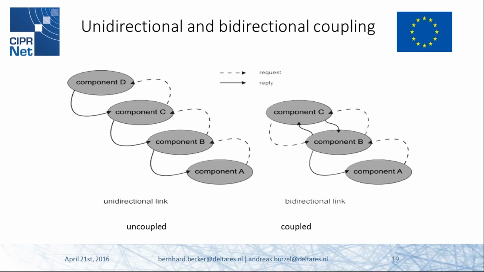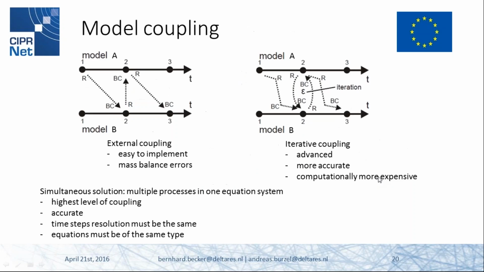And of course this bidirectional link can be again connected in a unidirectional way to another component. So for model coupling, data exchange in both directions, we have 3 different categories again, and this is external coupling, iterative coupling, and the simultaneous solution.